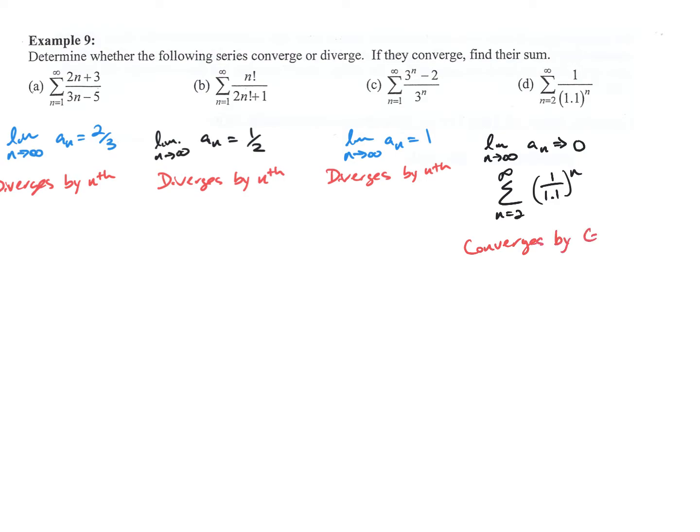Why? 1 over 1.1 is less than 1. It converges by GST. You don't technically need this statement unless you really need to write it out, but normally you don't need that.